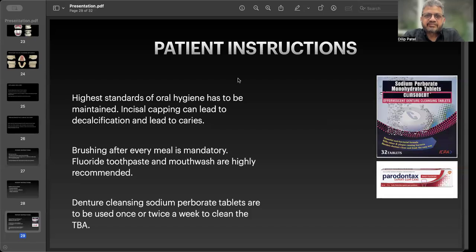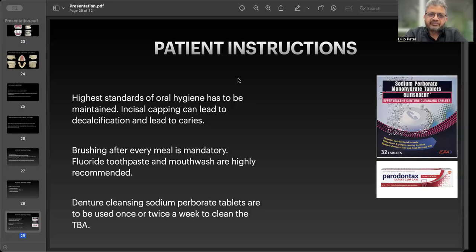Patient instructions after delivering the twin block appliance. The highest standard of oral hygiene has to be maintained. Incisal capping can lead to decalcification of the incisor edge, and even the occlusal surface of the upper posterior teeth may develop decalcification if the patient does not maintain proper oral hygiene, leading to decalcification and caries.